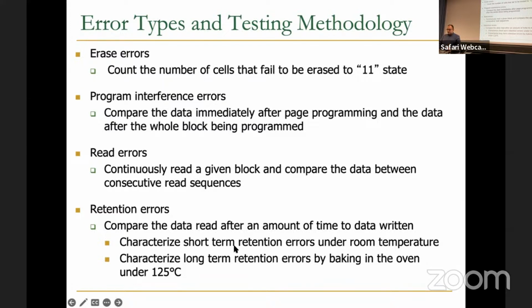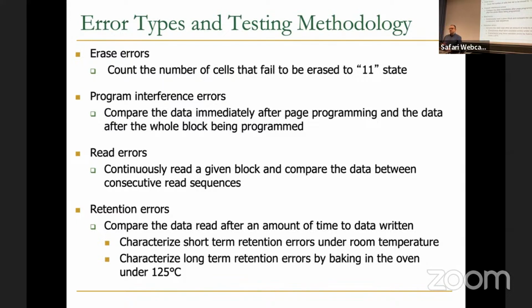We characterize short-term retention errors at room temperature. And for long-term retention errors, like 1 year or so, we use a methodology to accelerate retention time, in which you bake your flash chips in an oven at a temperature of 125 degrees. That has been proposed for some other devices. I don't remember the name.